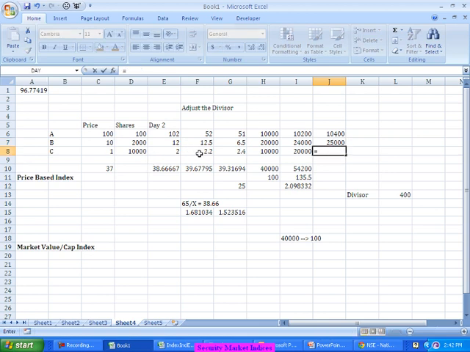And in case of this, the market capitalization is this much. So obviously this is becoming 57,400 and this is becoming 143.5. Dividing by 400, it is giving me 143. So market capitalization based indexes don't get much of an impact because of a stock split kind of action.